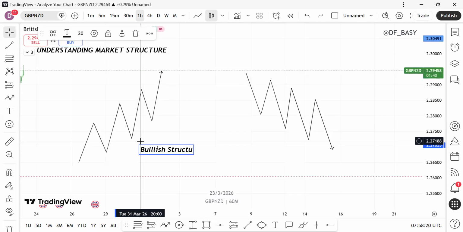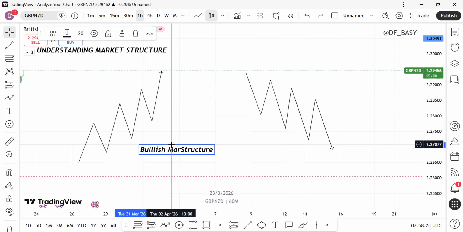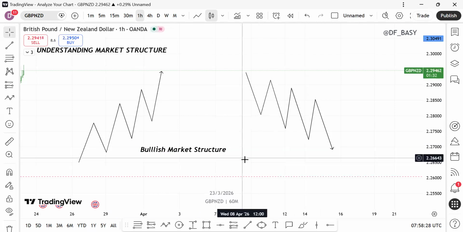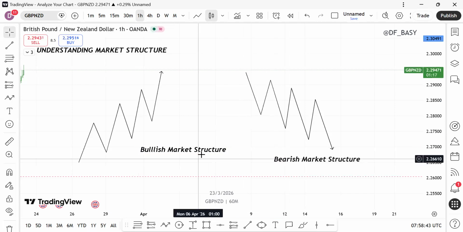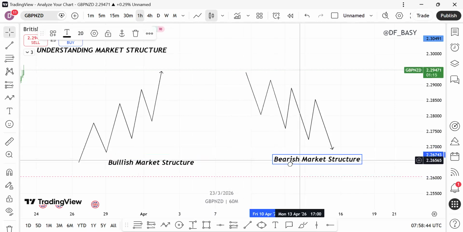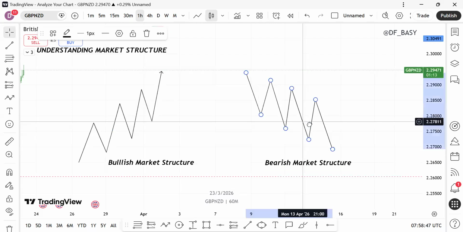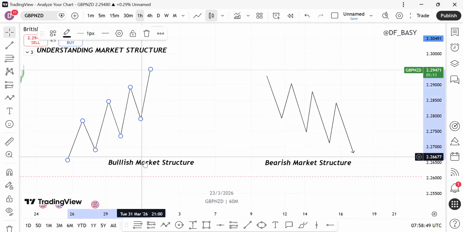This is a bullish market structure, and then we have the bearish market structure.